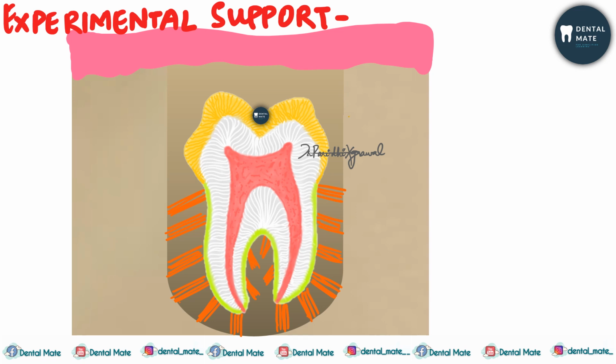Now, what are the experimental supports for this? When vitamin C deficiency was induced, there was periodontal ligament destruction and the eruption rate slowed down.